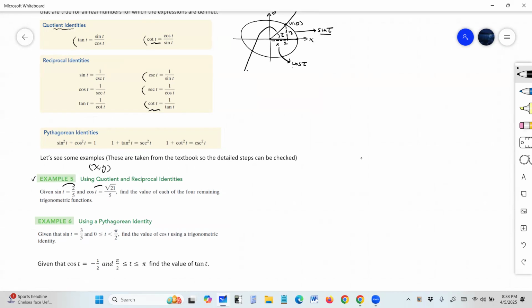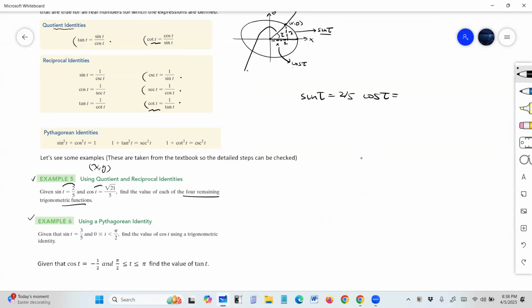So here's example 5 and 6, which are taken from the textbook, and you can see the details later if you want to. So here's example 5. You are given sine t and cosine of t, and we have to find the other 4 remaining functions. And we're going to use the identities to do so. So I'm going to do it here. So sine of t is 2/5.